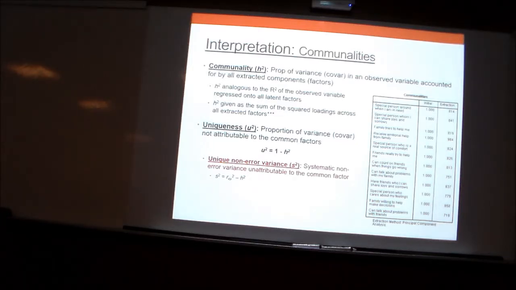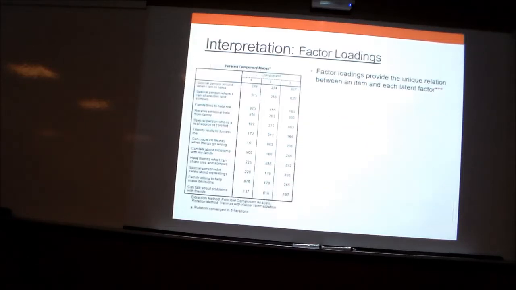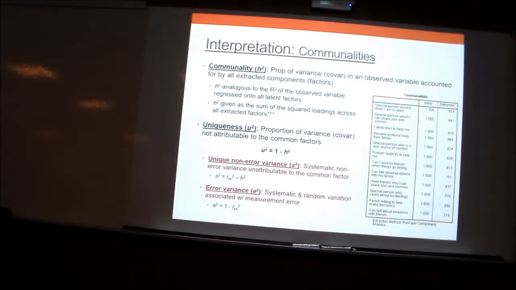It's just not being picked up by our factor. Our error variance then is the random error variance associated with the measurement error. This is 1 minus the square of our reliability. And by reliability, I mean test-retest is probably the best estimate. Our internal consistency is limited in terms of its use here.